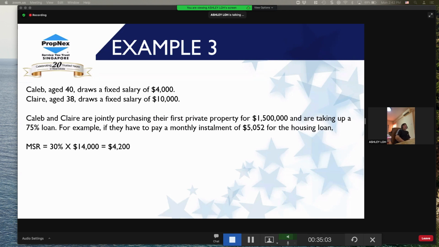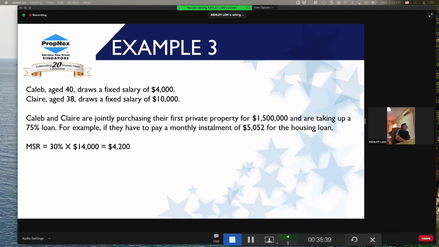Now if you go into the mortgage loan calculator section as well, you can figure out the monthly installment is about 5052. I got my 5052 from the PA app mortgage loan calculator. So for a monthly installment of 5052, for Caleb and Claire, the maximum that MSR allows is only 30% of their 14K salary can be used to pay for property loans, correct?